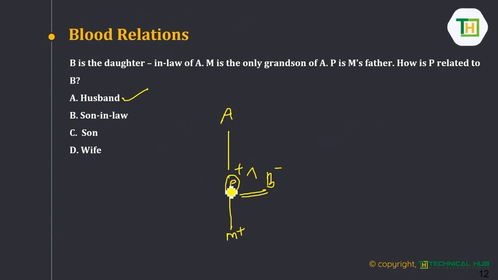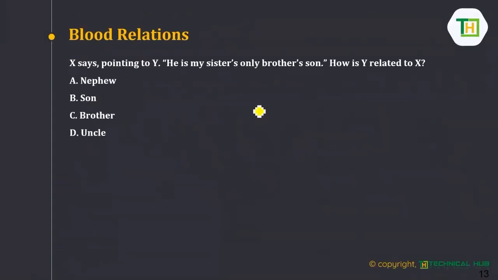Coming to the next one. X says, pointing to Y, he is my sister's only brother's son. How is Y related to X? This is the introducing model. The person who is the speaker replaces the word 'my'.